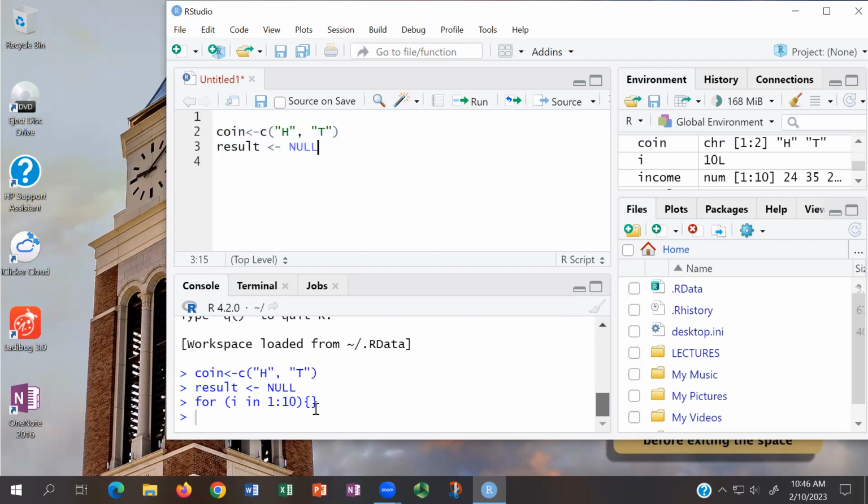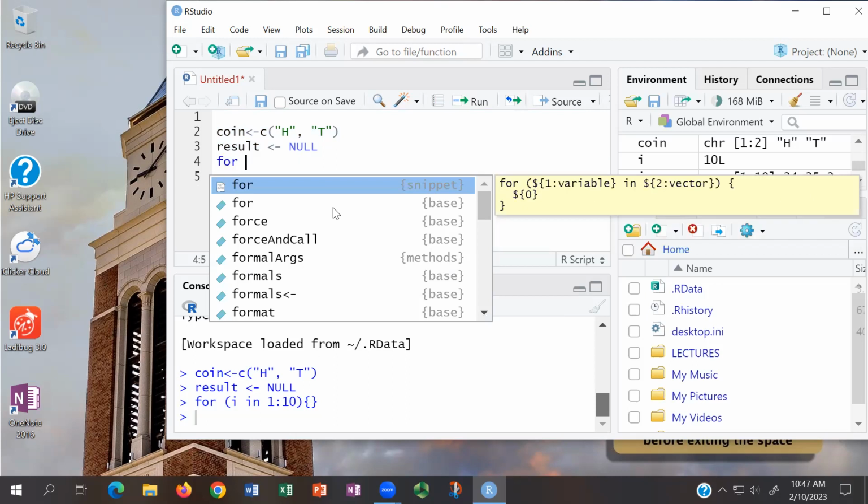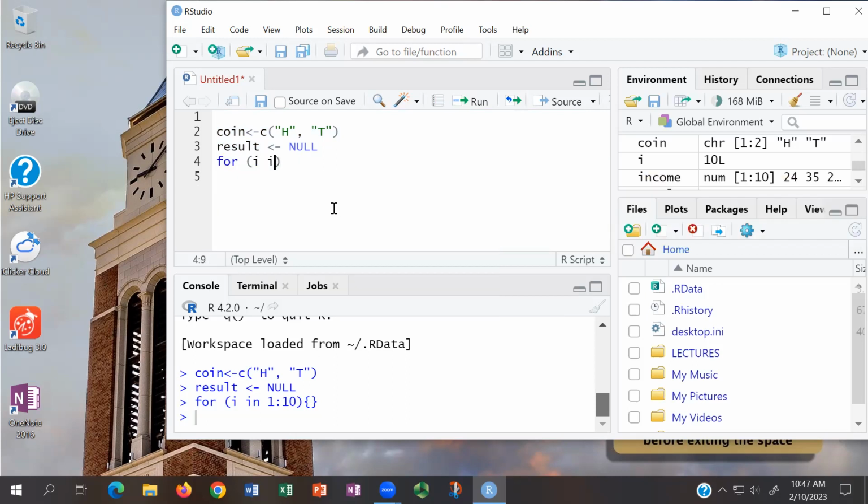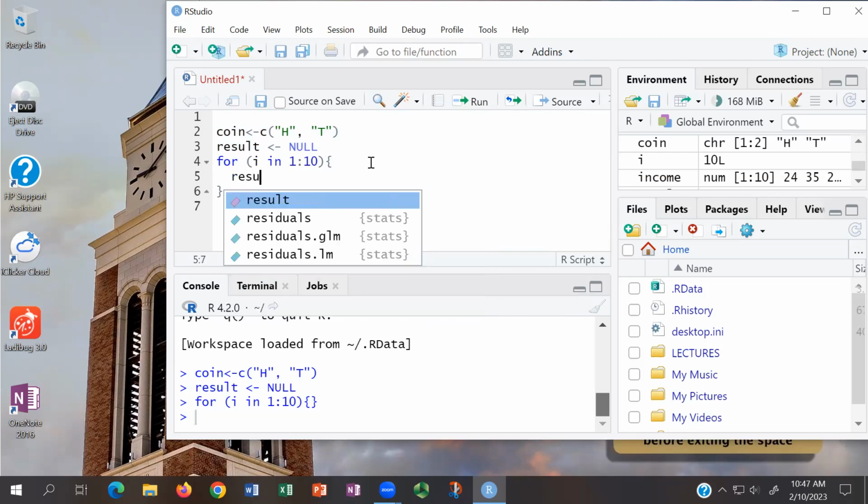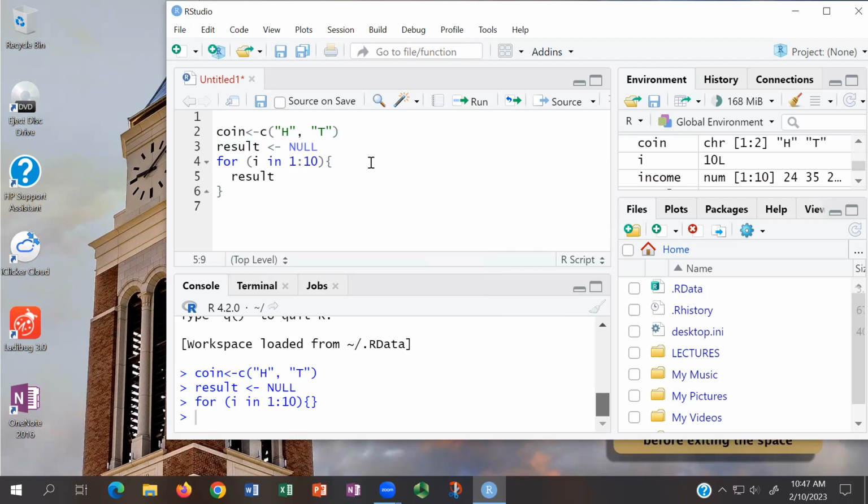So for i in 1:10, I'm flipping the coin from 1 colon 10, which means 1 to 10, 10 times. See what happened? So the result of i, result[i], is the sampling of the coin 10 times.